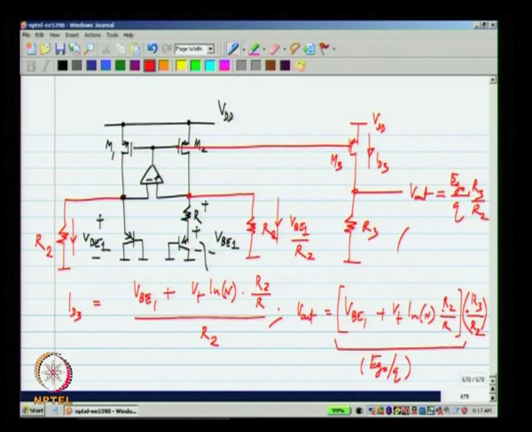For instance, we can set R3 by R2 to be, let us say, half, then the voltage that we get here is 0.6. Now, everywhere in the circuit here you have VBE, which is about 0.7 volts. Here also it is the same, about 0.7 volts, and here it is 0.6 volts.